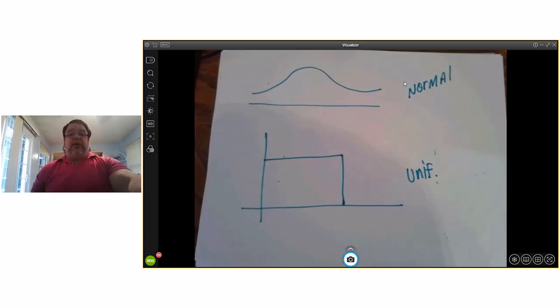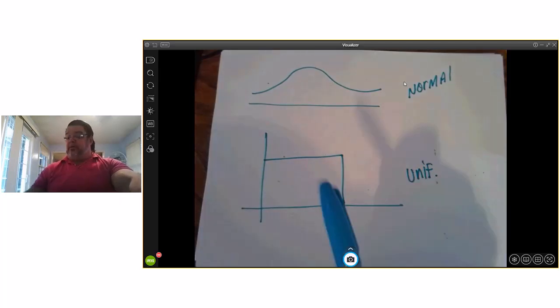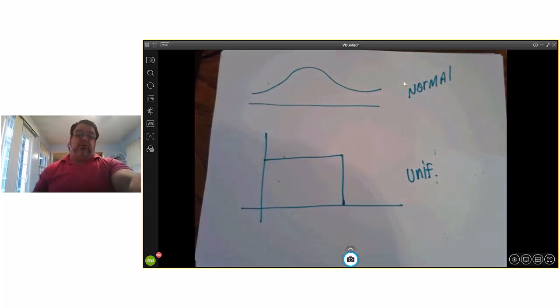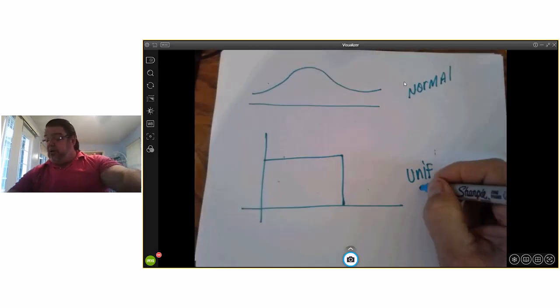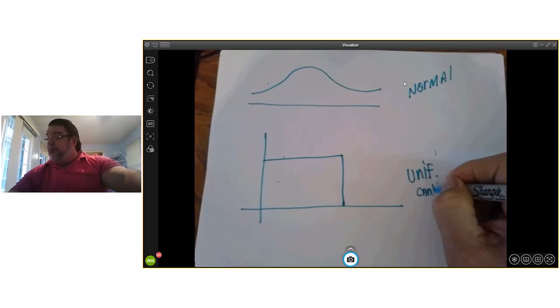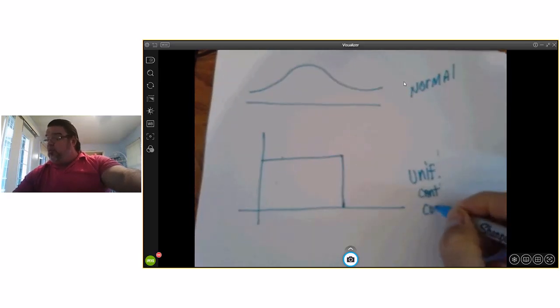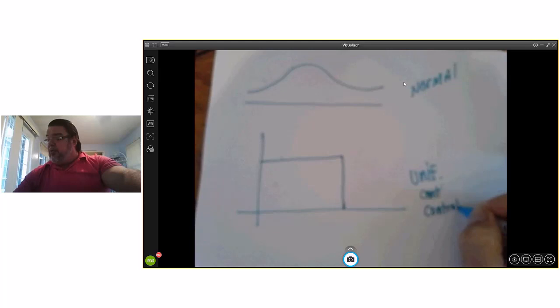Okay? All of the questions in chapter 7 are going to be about these two curves. Well, one of them's not a curve, one of them's a box. Okay? Can anybody guess what uniform has to deal with? Can anybody guess why it looks like a box? It looks like a box because it's uniform, because we can't control it. Does anybody know one thing that we can't control?